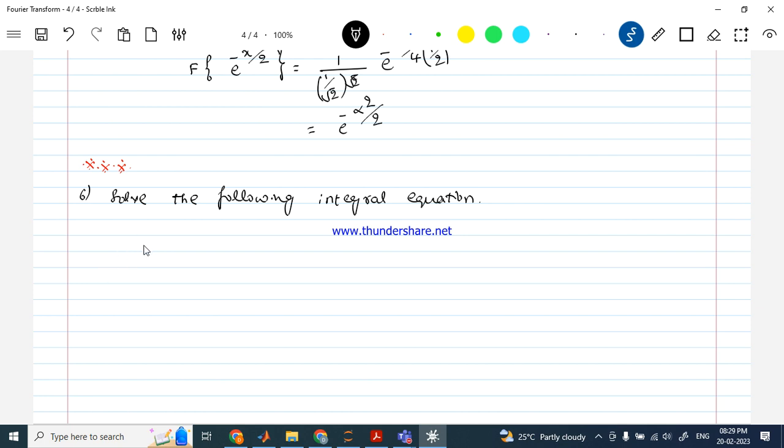Integration 0 to infinity f of x cos alpha x dx is equal to 1 minus alpha for 0 less than or equal to alpha less than or equal to 1, and 0 for alpha greater than 1. Okay, and the question continues.